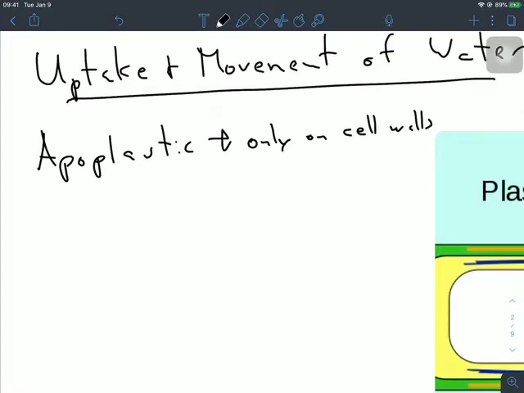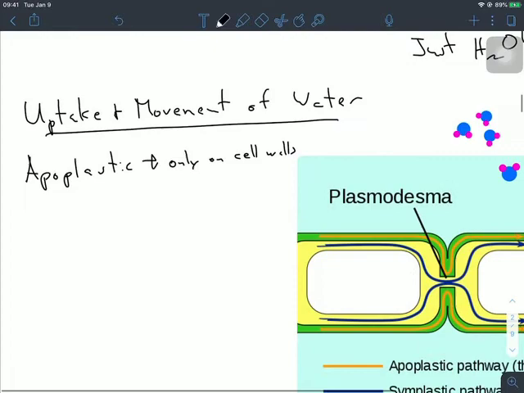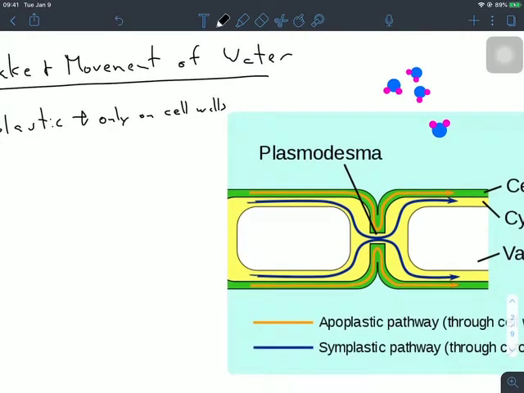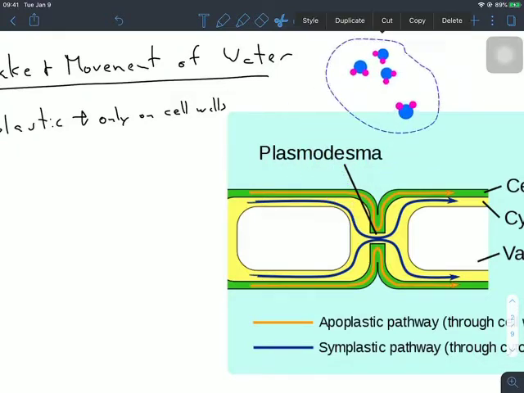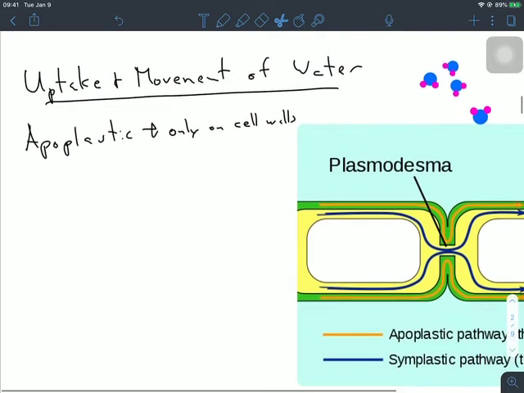If instead water moves from cell to cell via the cytoplasm and specifically transports to the next door neighbor cell via a plasmodesma or plasmodesmata, that means that it has engaged with the aquaporins. That means it's been filtered.